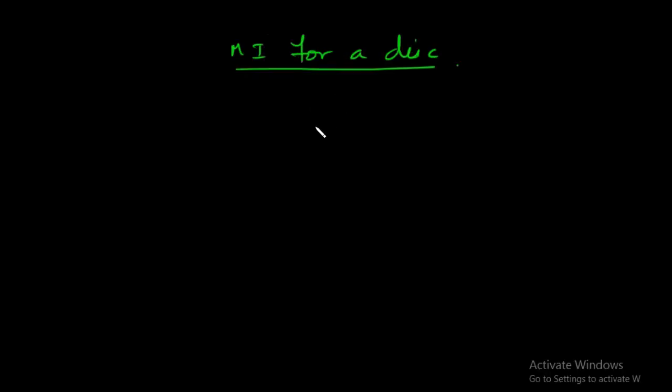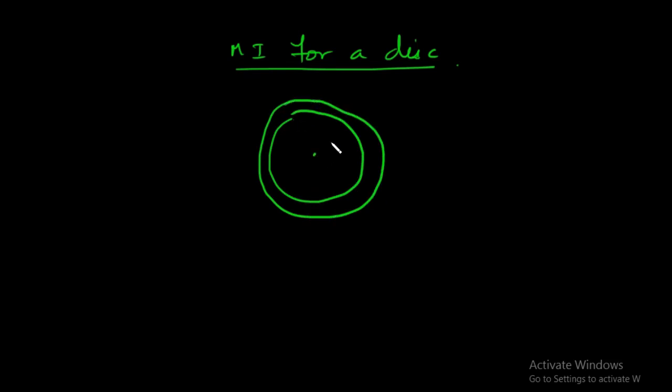Okay, so now we calculate the moment of inertia for a disk. You see, a disk is different from a ring because the ring had its mass along the length. This space was hollow and here was the mass, but this is not the case for a disk. A disk is not hollow. A disk has mass everywhere. For a disk of radius r, since mass is distributed along the area, we will take mass in terms of area.